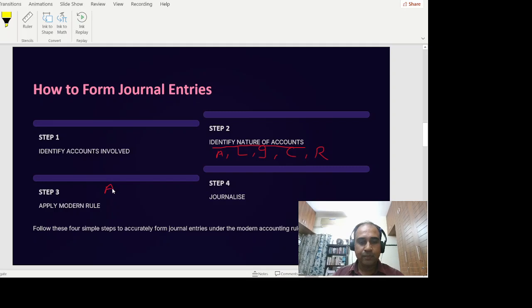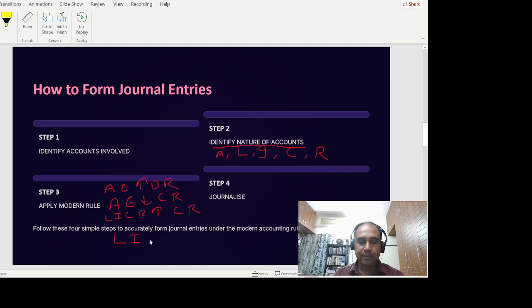If assets and expenses increase, it means debit; if assets and expenses decrease, it means credit. Similarly, liability, income, capital and reserve increase. Up arrow means increase. Increase means what? Credited.